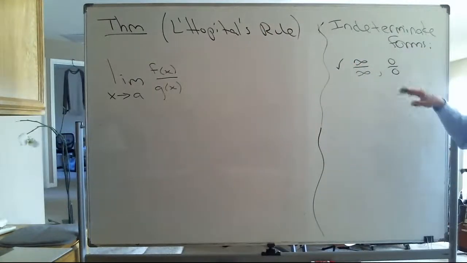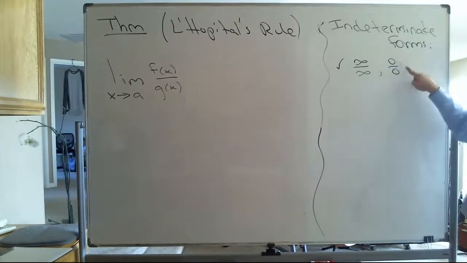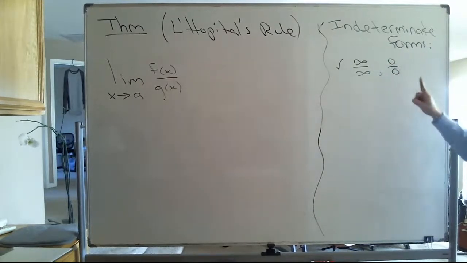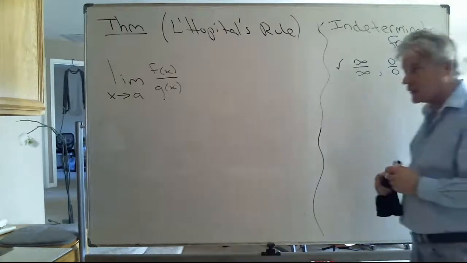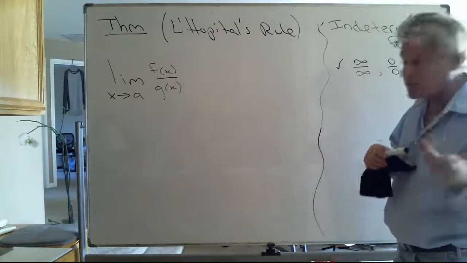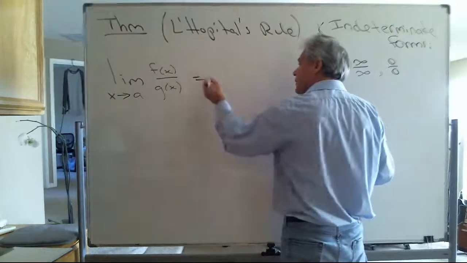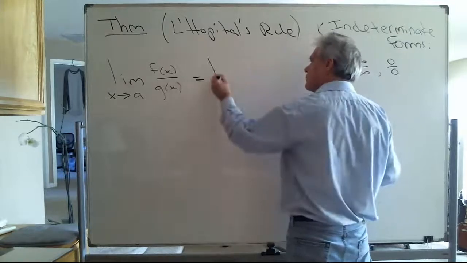So given that I have a limit in this indeterminate form, or equivalently this indeterminate form, what I can do is the following, and I'm going to present this without verification, without proof. I'm leaving that for you since this is an independent learning course. But you will find it in your book, at least a portion of it.